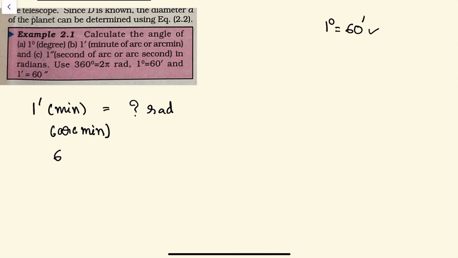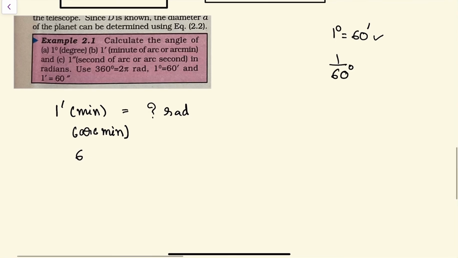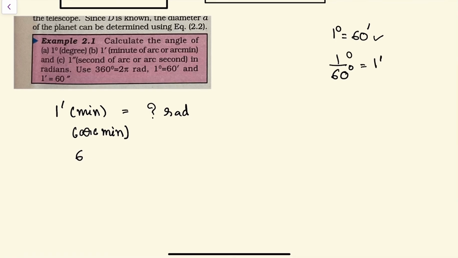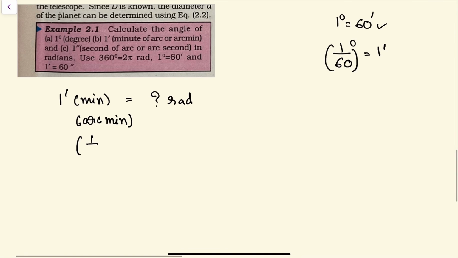We should convert into radians. So 1 by 60 degree is equal to 1 minute. Now 1 minute is equal to how many radians?